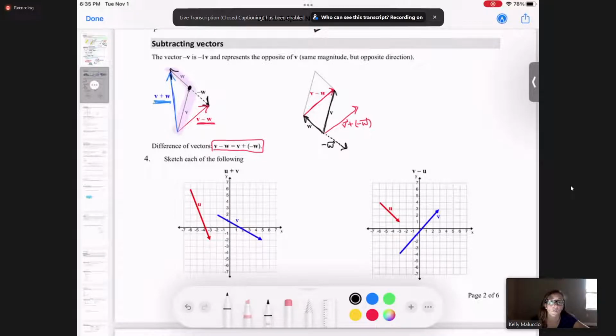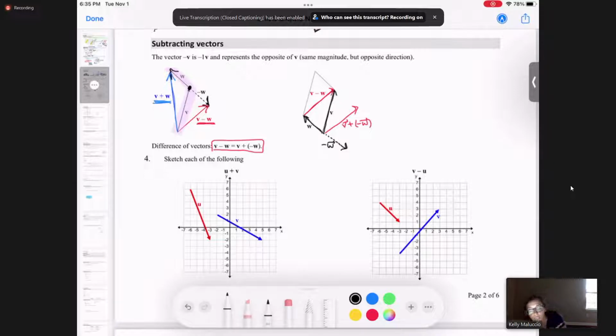Okay, so we want to sketch the following vectors. So we have u plus v. These are not starting at the same point, so we'll have to see what we do with that, because they're not starting at the same point and they're not connected.